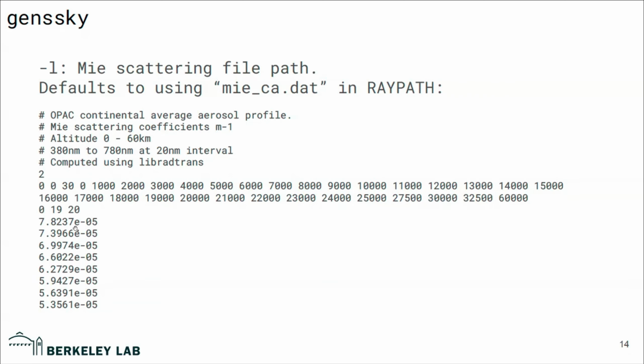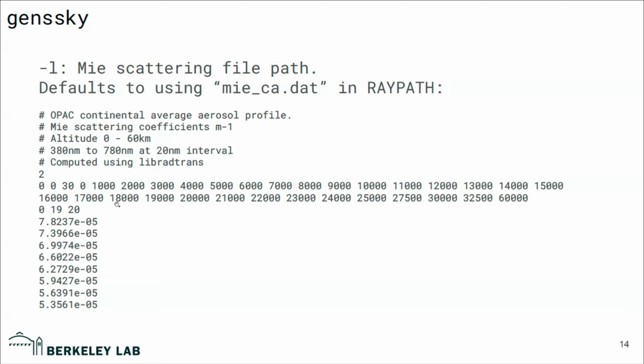So this is the format of the spectral data. This is the spec.dat primitive data file that Greg talked about in the morning. So it's a two-dimensional spectral data file. The first dimension is the altitude dimension. So here I have irregular altitude data points going from 0 to 60,000 meters.